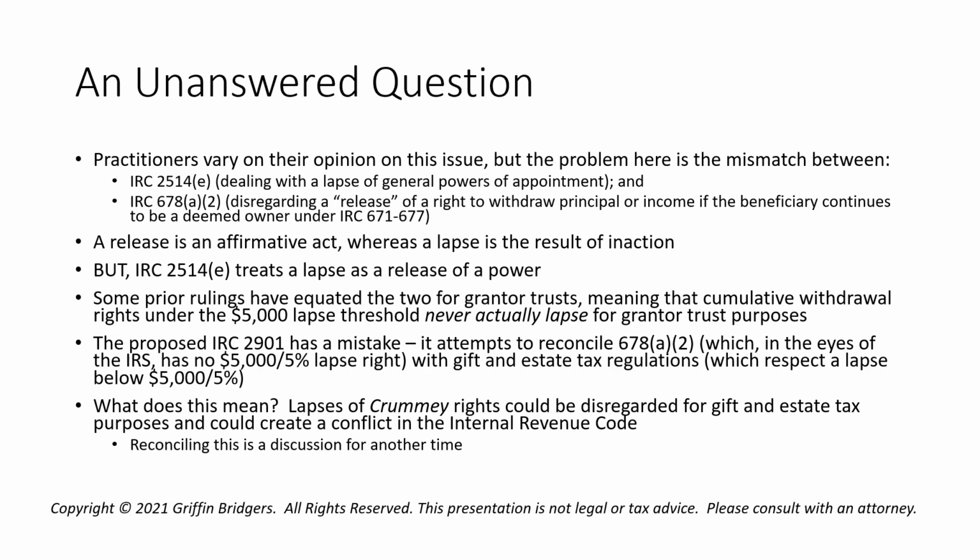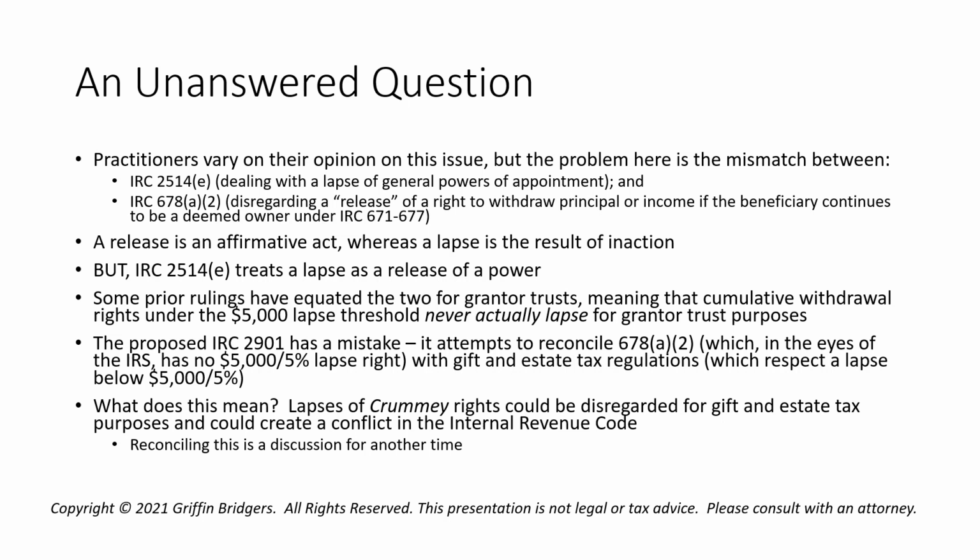So there's a big mistake, I think, in the proposed Code Section 2901 because it sets the standard for gift or estate tax treatment as being concurrent with and reconciled with Code Section 678(a)(2) and the gift and estate tax regulations.